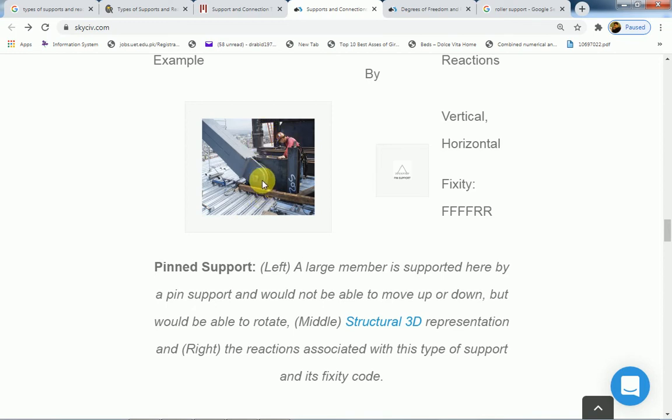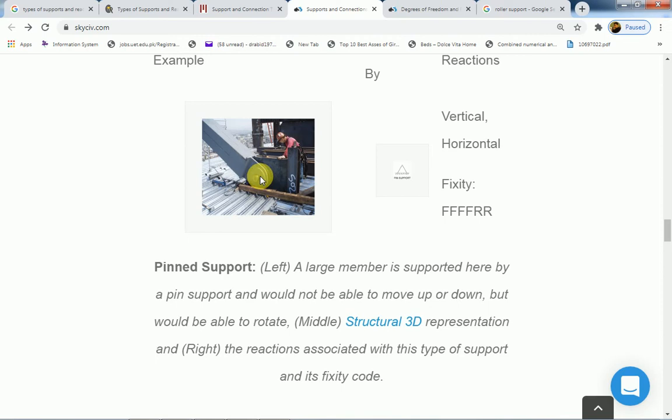This support is not going to allow this body to go up and down, or to go right left, or to move even in z directions. So we can say all the translatory motions are constrained in pinned support.